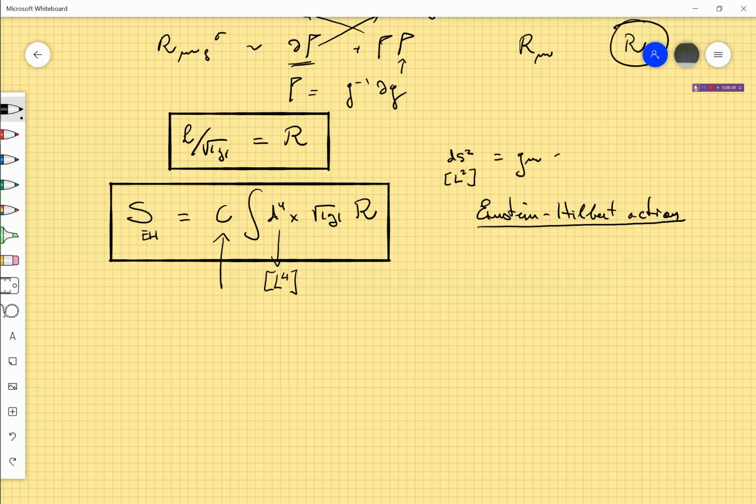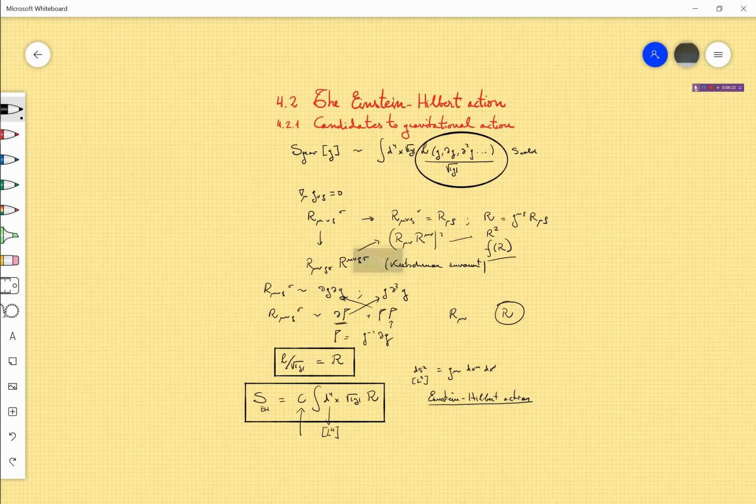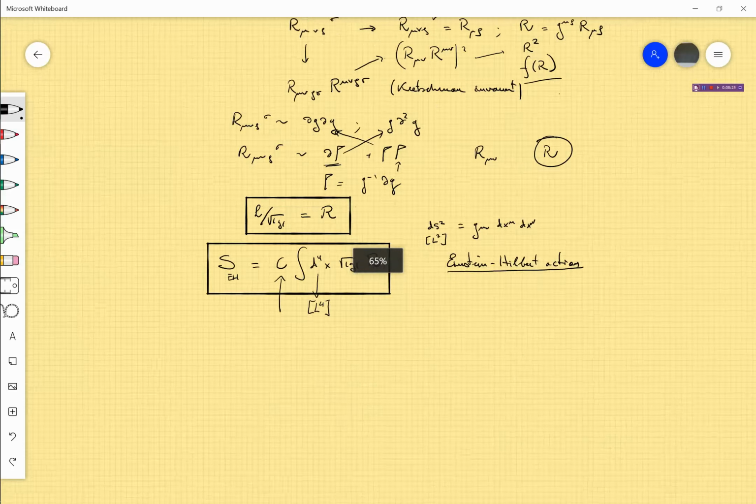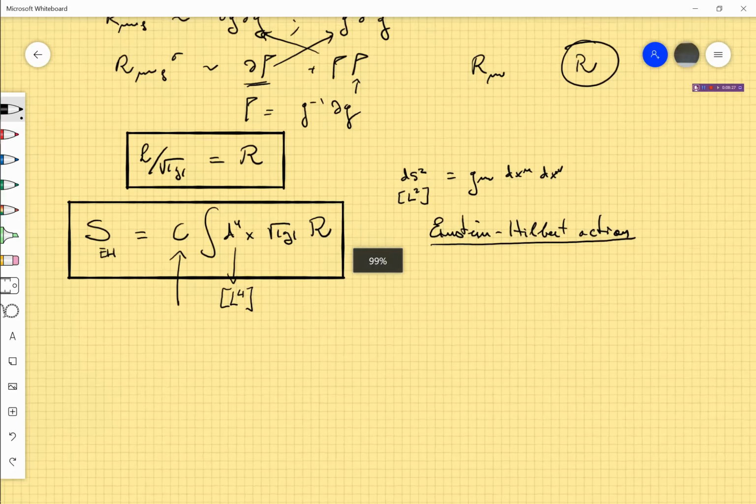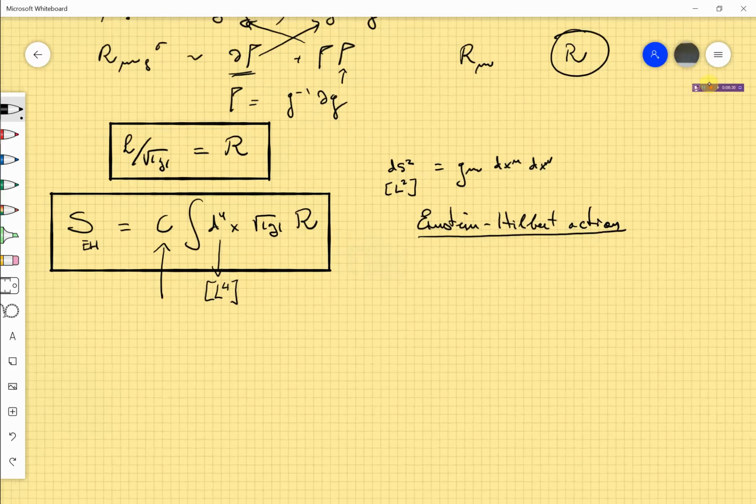The metric is dimensionless, and these have dimensions of length only. So this is L and L, and this makes this equation consistent in terms of dimensions. So square root of g is dimensionless.